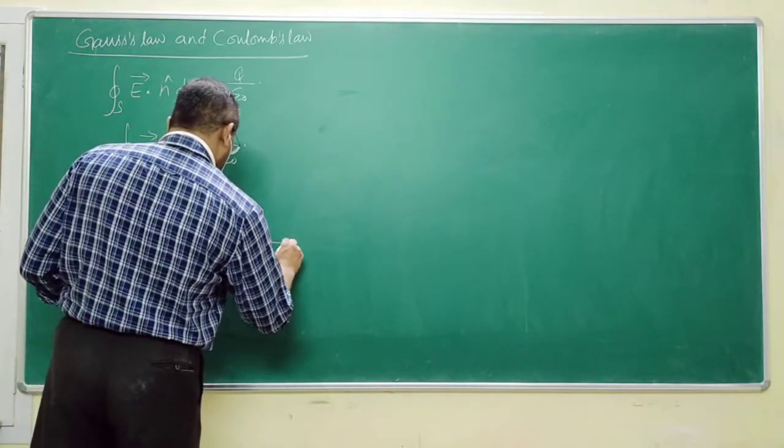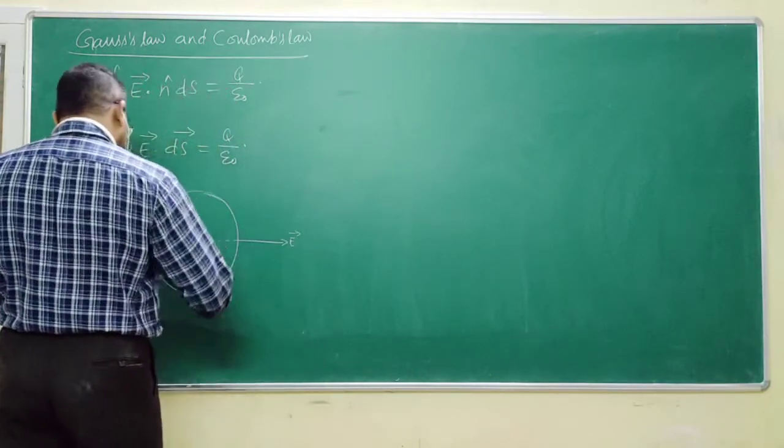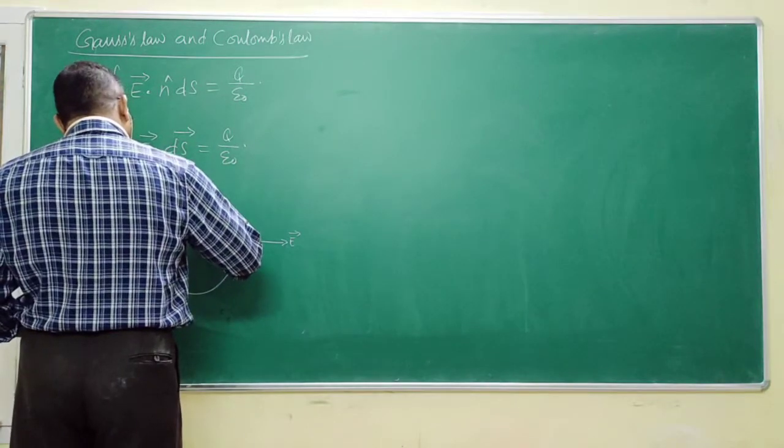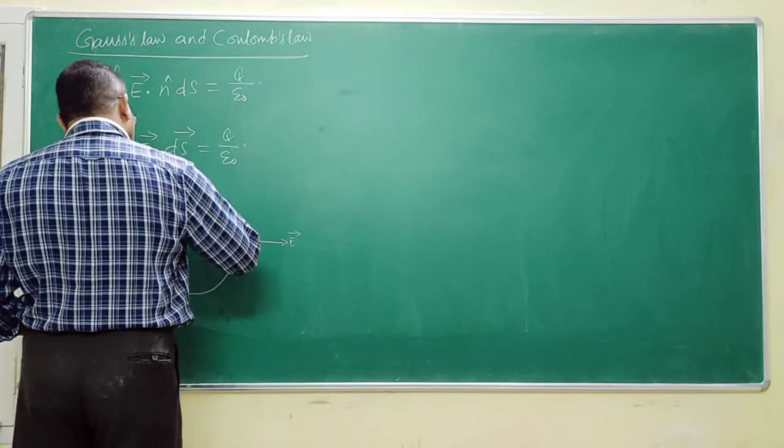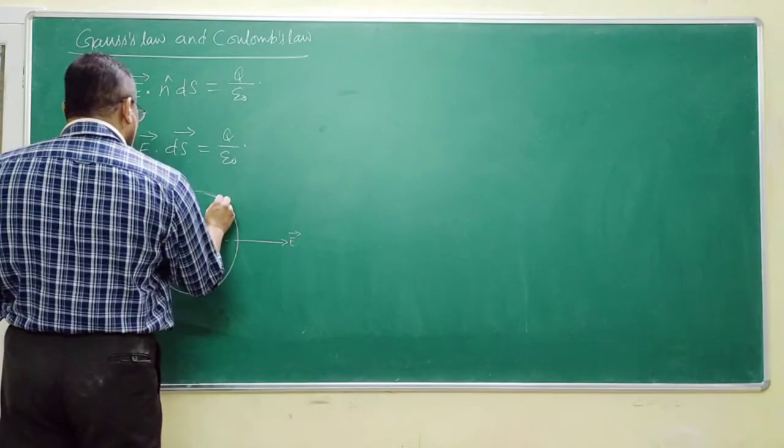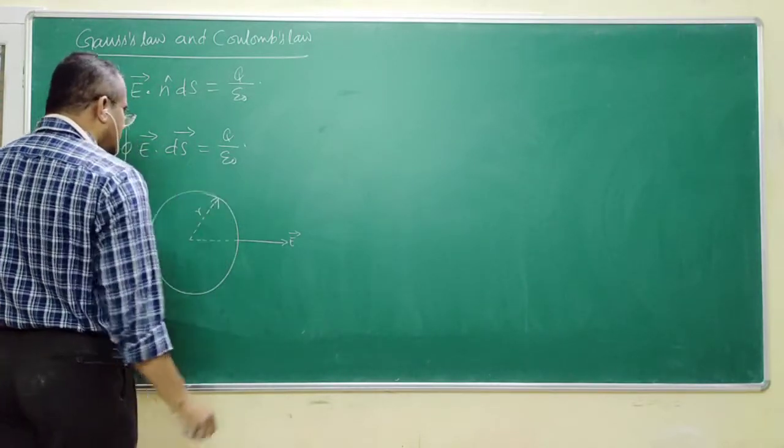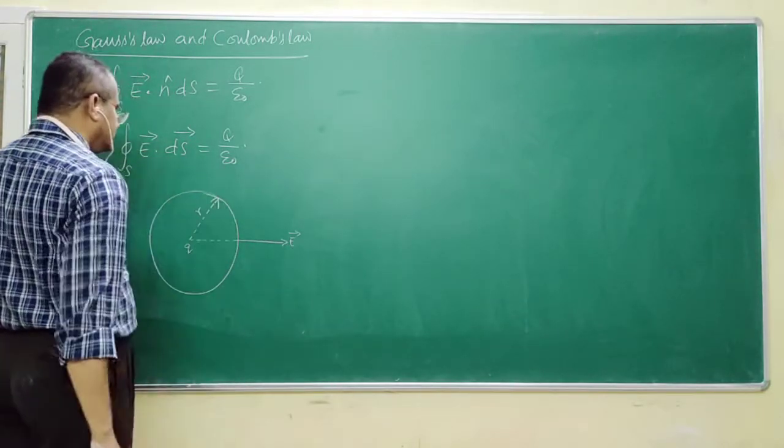This is the electric field, this is the radius of the surface, and this is a charge Q.